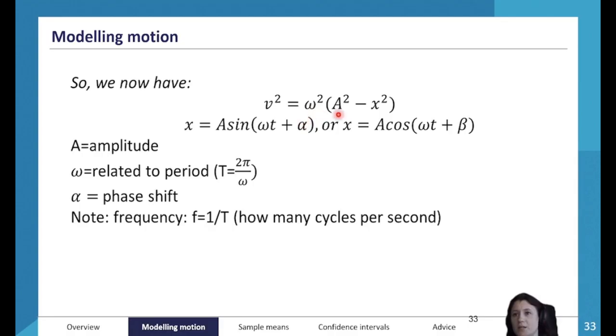Then, getting into these next formulas, these ones describe the displacement, alright? So again, we have the angular velocity, and then we also have the phase shift. As per usual with any sort of trig functions, usually try to use either sine or cos so you don't have a phase shift, just because it makes it more complicated, and we know that sine and cos are only a phase shift apart.